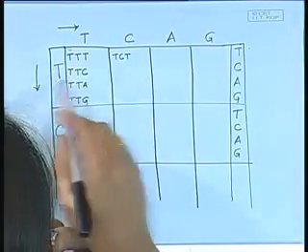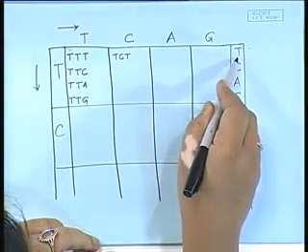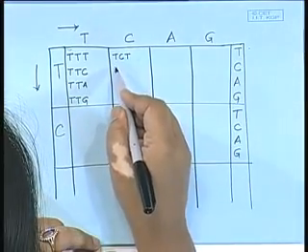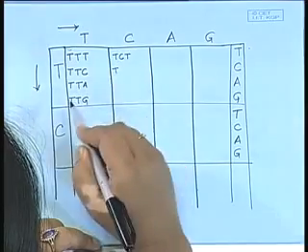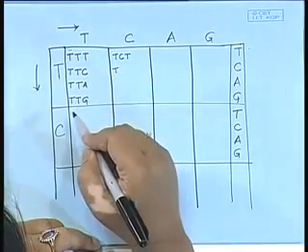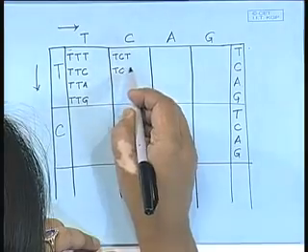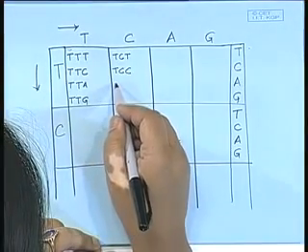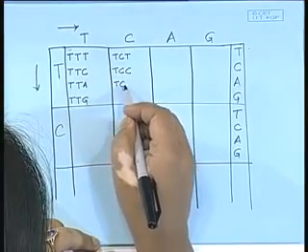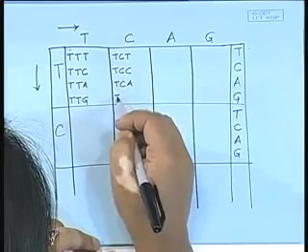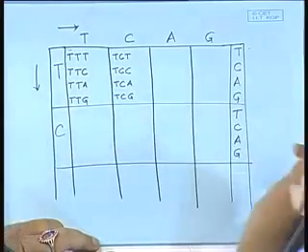The next one is going to be T, C, C. This one T, C, A, T, C, G, and so on and so forth.